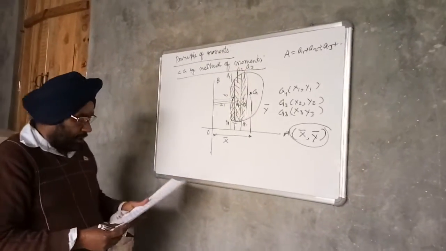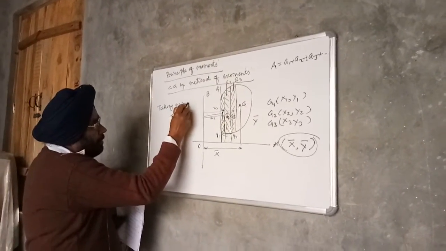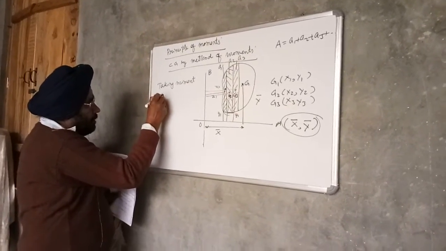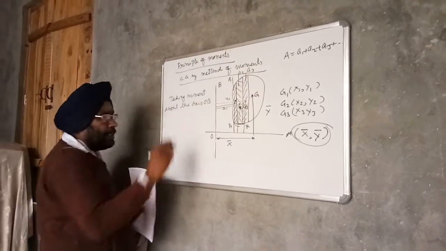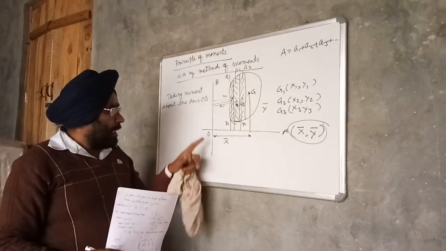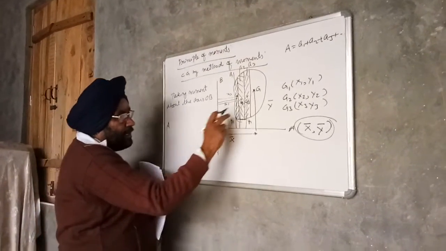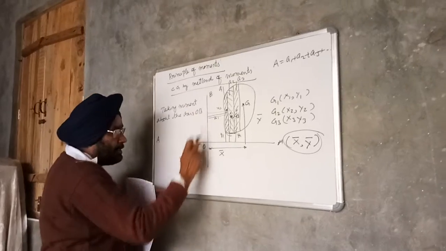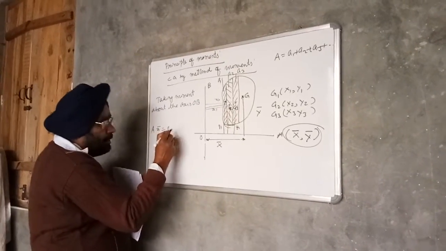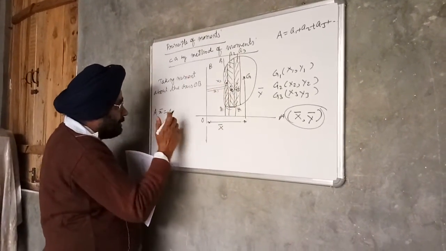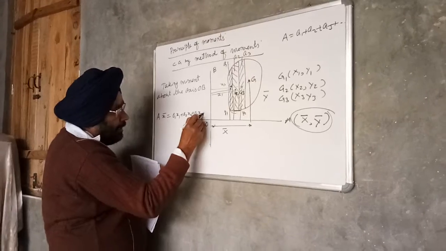Taking moment of all the areas about the reference axis OB, by the principle of moments, the distance of the area A from the axis OB is x bar, so A into x bar equals A1 x1 plus A2 x2 plus A3 x3 and so on.